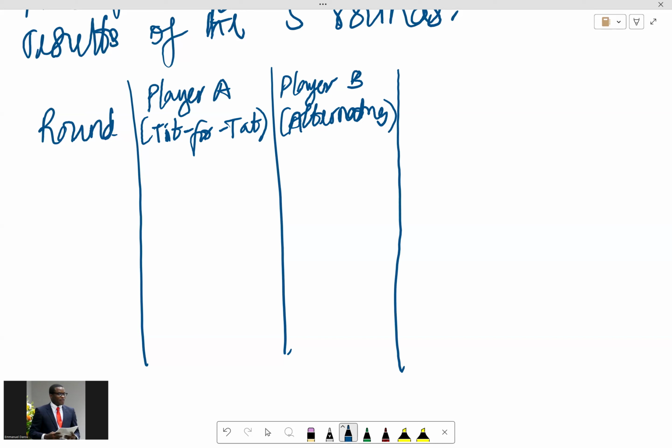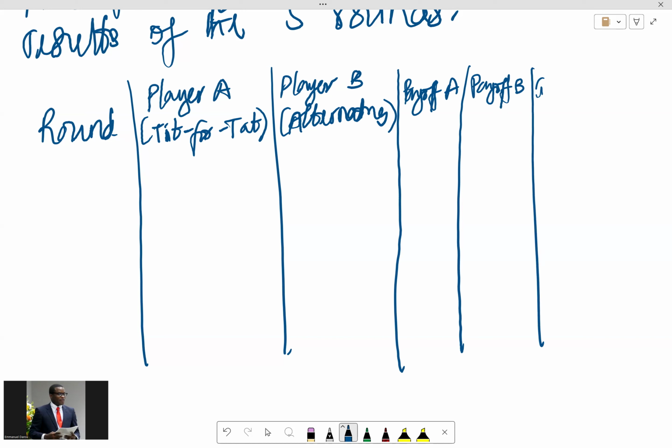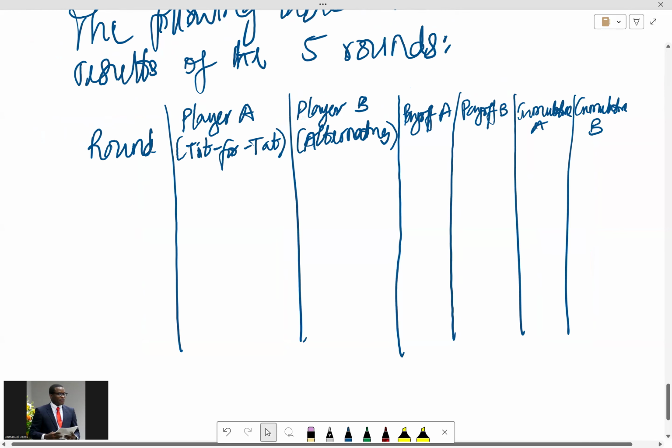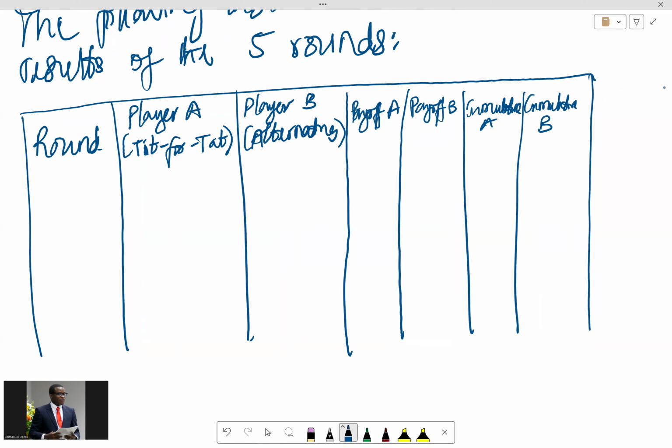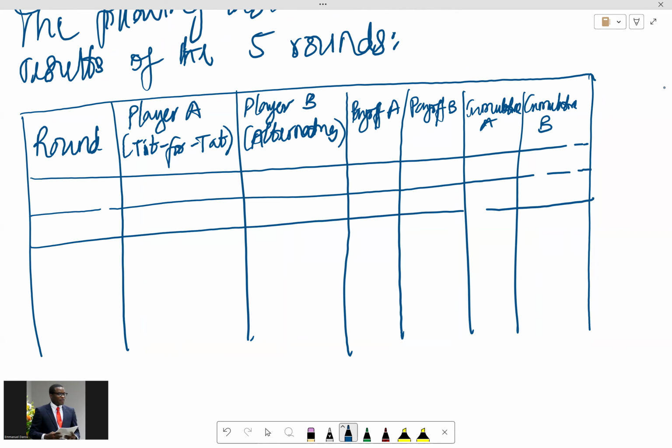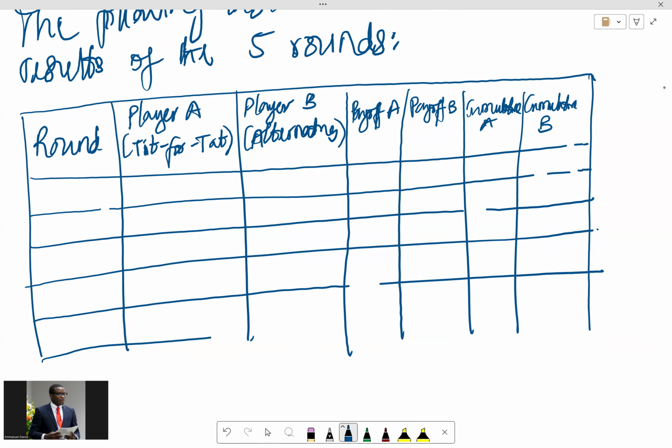Then we have payoff for A, payoff for B, cumulative for A, and then cumulative for B. The rounds are 1, 2, 3, 4, and 5.